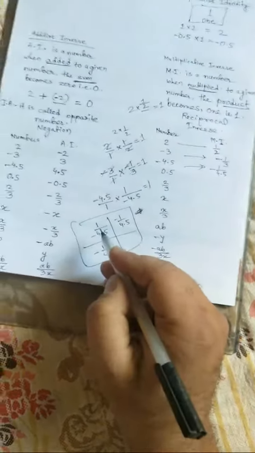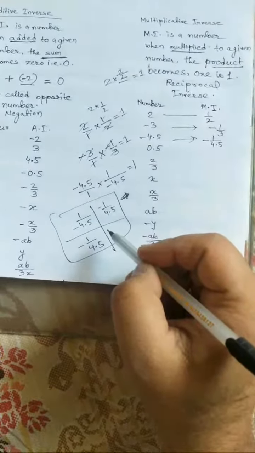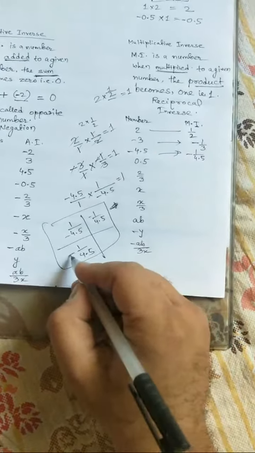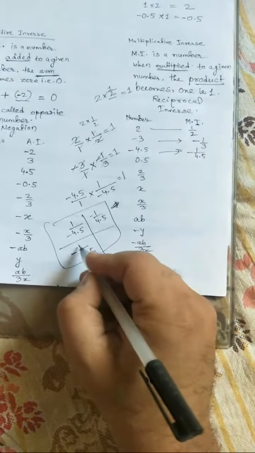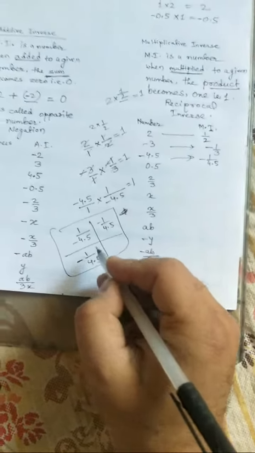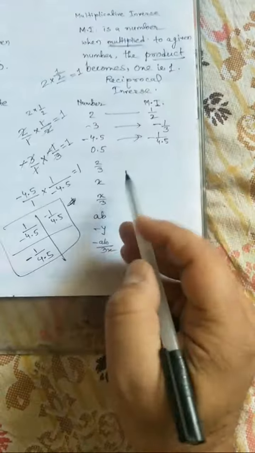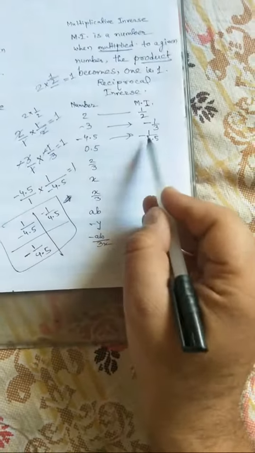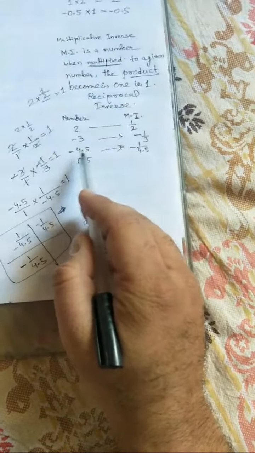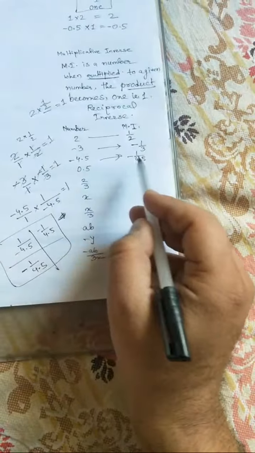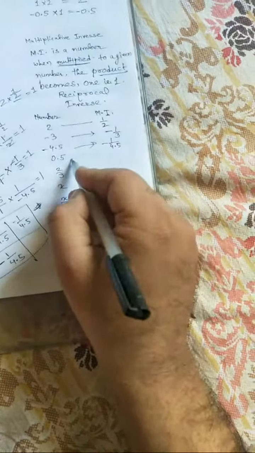The result is the same. So minus 4.5's multiplicative inverse would be minus 1 by 4.5.